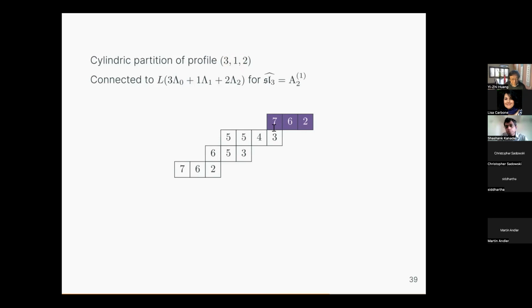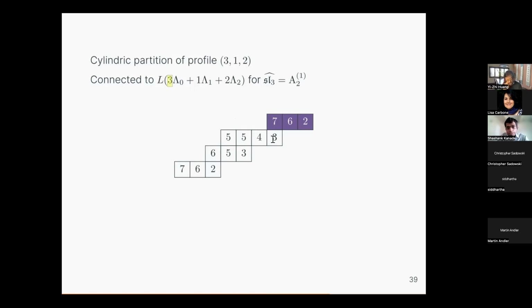So forget this purple 762. You take 3-row partitions, 3 rows because you have 3 entries in your profile, and you start reading it from right to left. So first is 2, so you take the second guy shifted 2 units to the right. Next, you take the guy shifted 1 unit to the right. And the last thing, you copy this 762 and put it above, shifted by 3 units to the right.